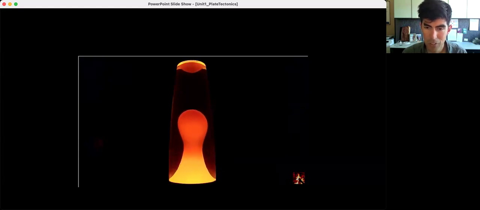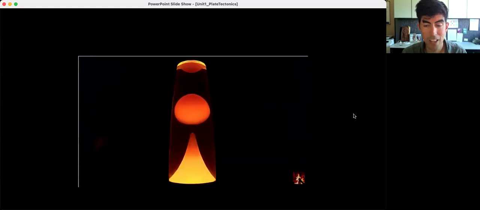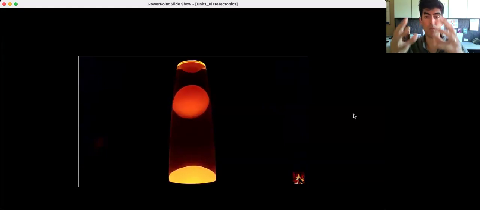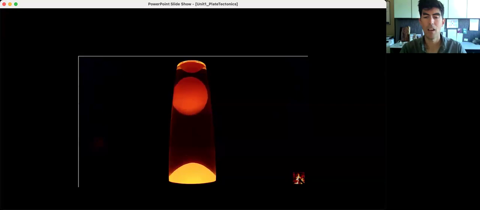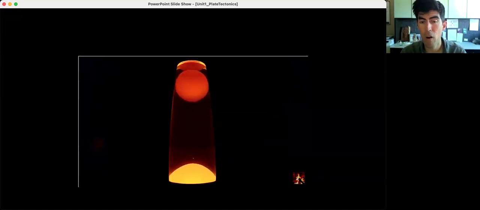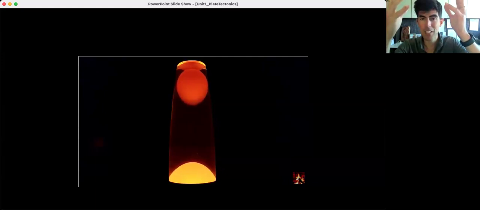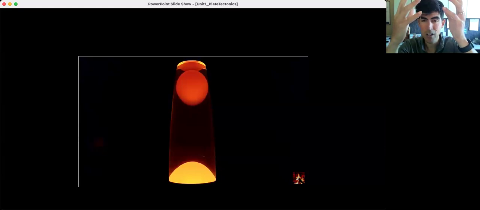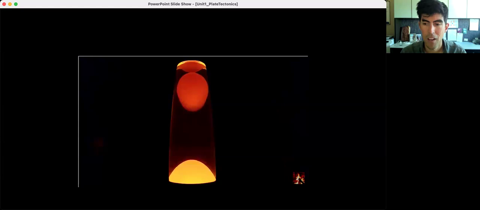Oh, there it goes. So it's less dense, and so it's more buoyant, and it rises up. Once it gets to the top, it is further away from the lamp, and so it starts to be cold again. And as it gets cold, it gets denser, it's not as buoyant, and then it begins to sink down to the bottom. That's a summary of convection.